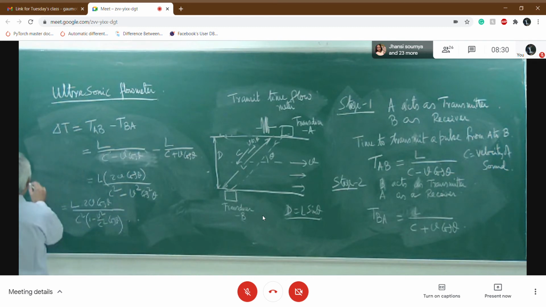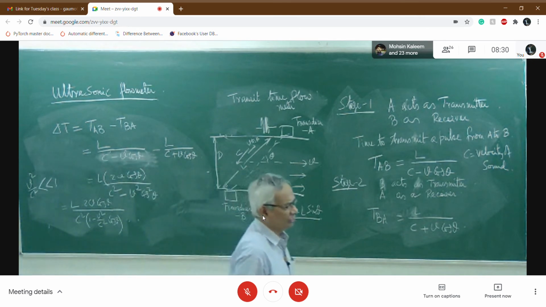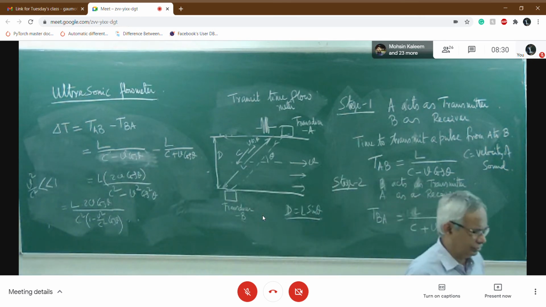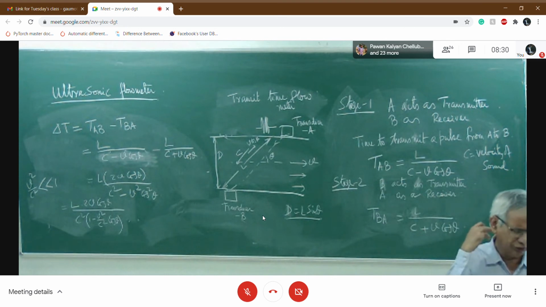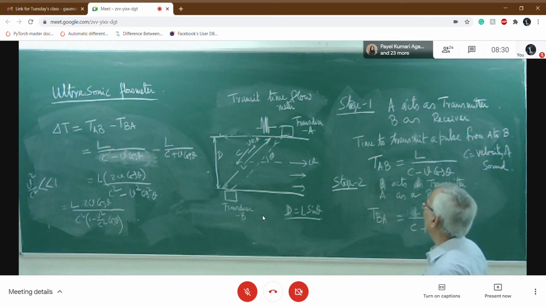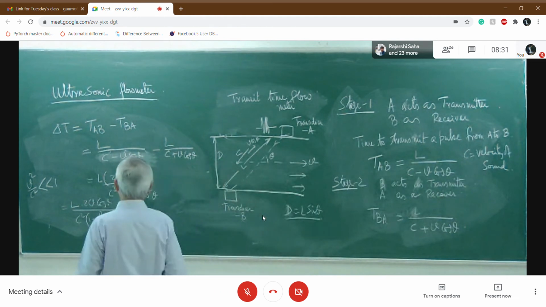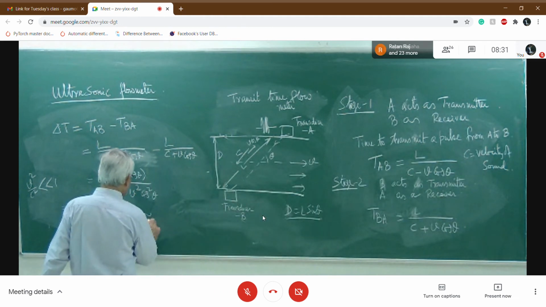We know that V square by C square is much smaller than 1 because C is a very high velocity. The velocity of ultrasound in water is 1500 meter per second, while the liquid flows at maybe 10 meter per second at most. So naturally we can neglect that.